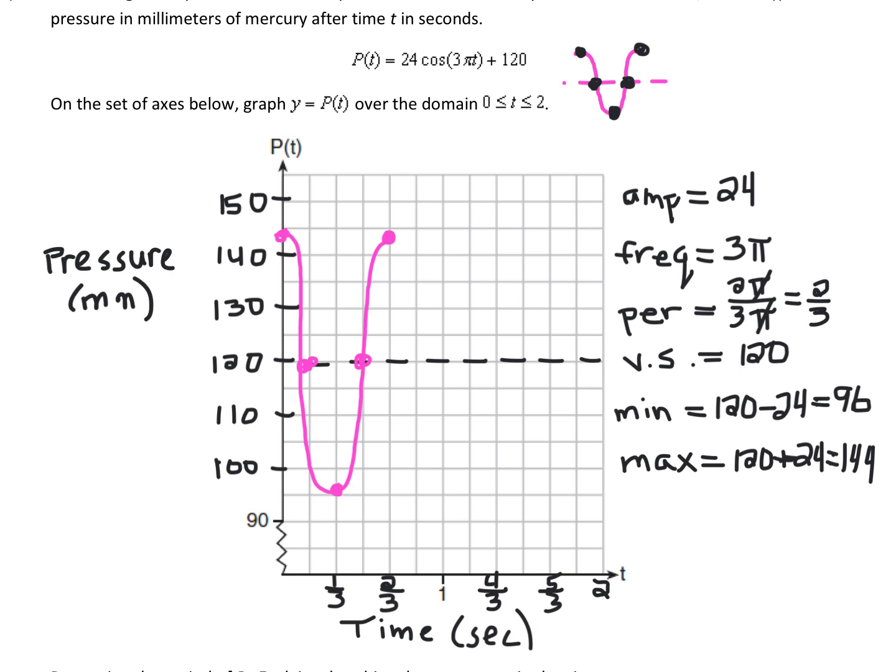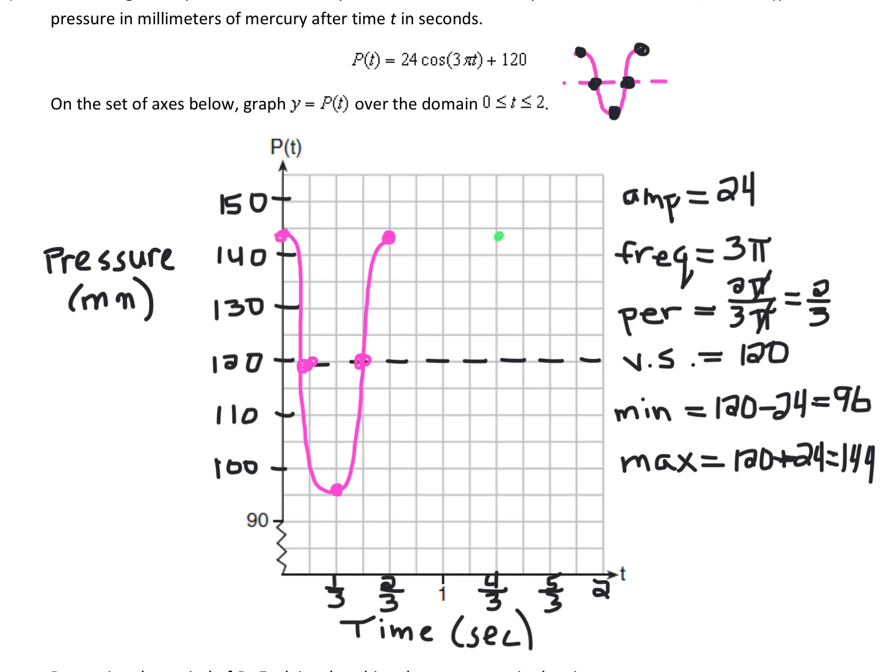So in the next cycle, this right here would be the beginning of our next cycle. Now, the next maximum, we know since the period is 2/3, 2/3 plus 2/3 will bring us to 4/3, we're going to be up here at our next maximum.